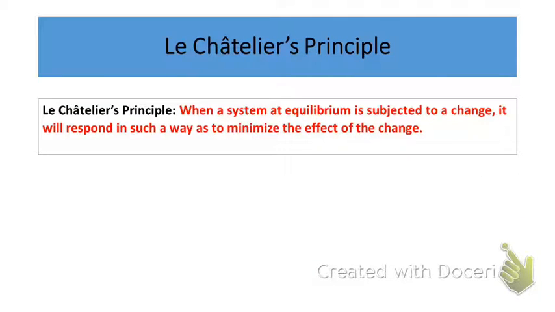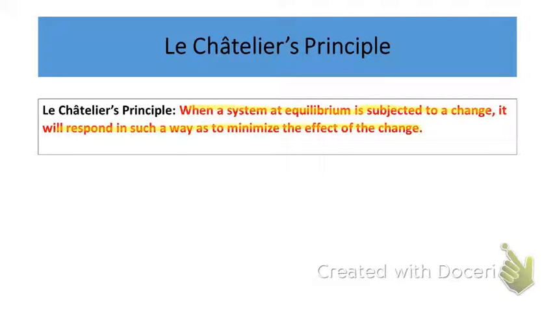Alright? Now, Le Chatelier's principle helps us to understand what a system does in order to counteract, you could say, the changes that we make on an equilibrium system. So Le Chatelier basically says this: when a system at equilibrium is subject to a change, it will respond in such a way as to minimize the effect of the change.